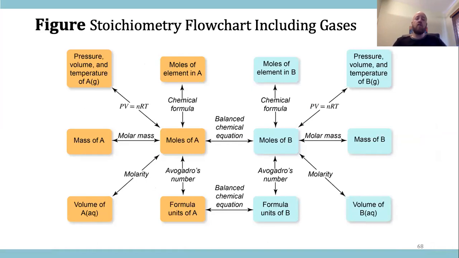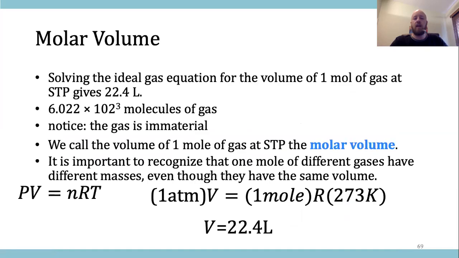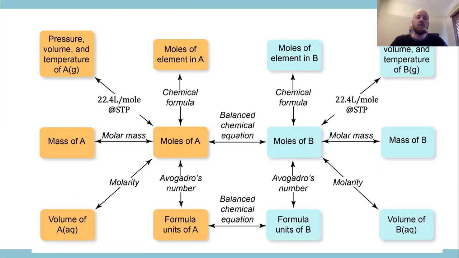It doesn't fall into our 1, 2, 3. If you have to stop at the moles and then calculate everything with PV equals nRT, it's a little cumbersome. It changes the flow of doing our 3 steps. Most of the problems here will likely be at STP.